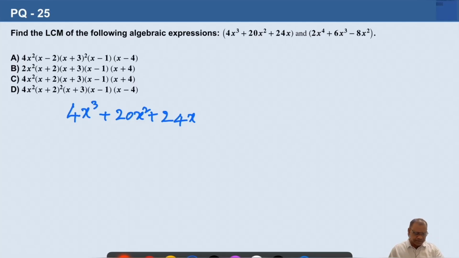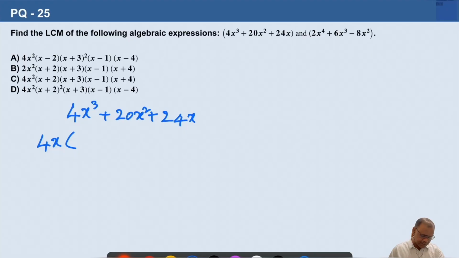First of all, let us take out the common terms in all these three terms. 4 divides all the coefficients, so you can take 4 common, and x is common in all these three terms. You can take x also common.